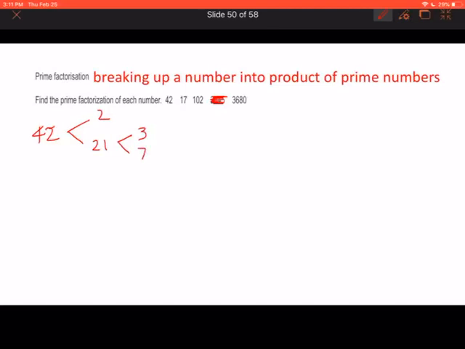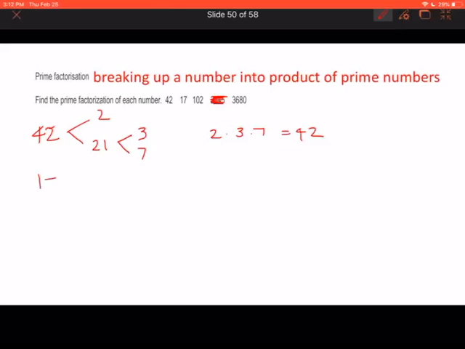Further breakage is not possible because we have reached the prime numbers here. So 2 times 3 times 7 makes 42, right? So 2, 3 and 7 are the prime factors of the number 42. This is called prime factorization.